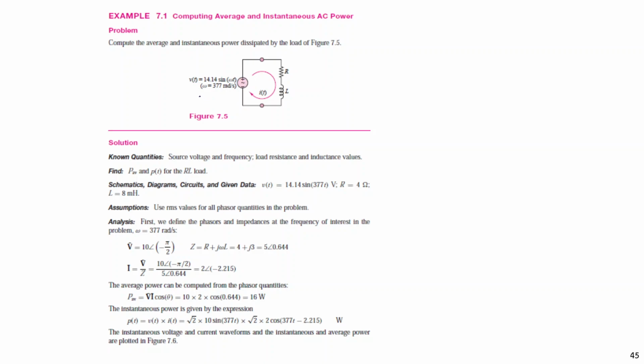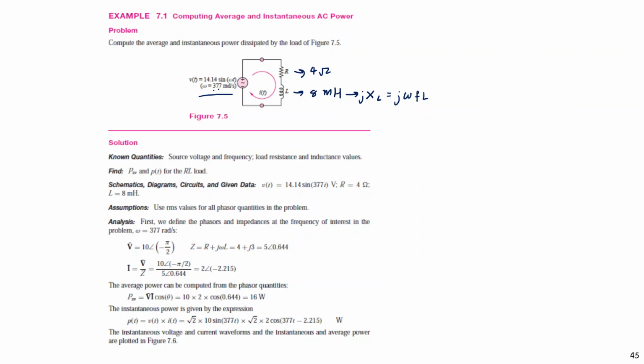We have voltage with this value, and the resistance is 4 ohm. L is 8 millihenry, so we transform to XL, which is j omega L. And what is omega?